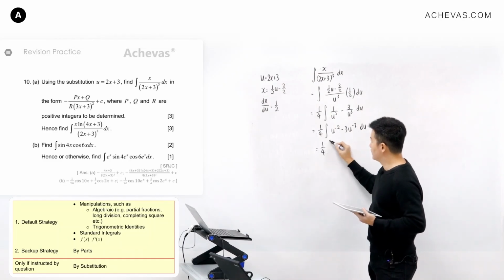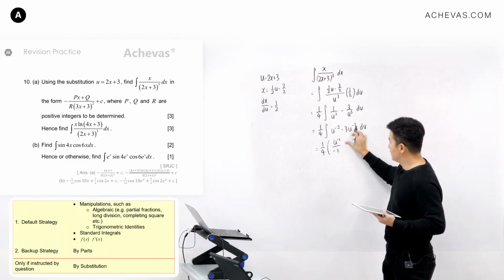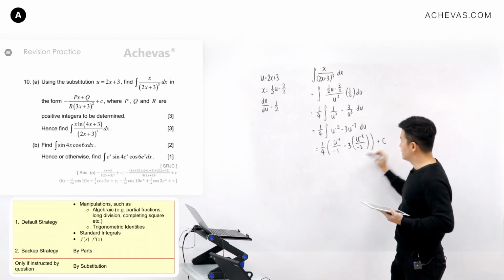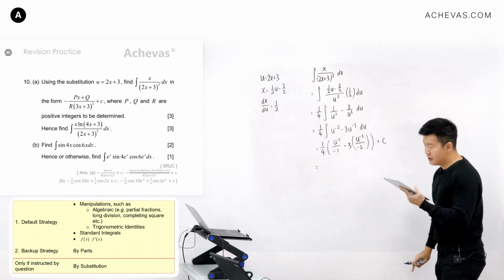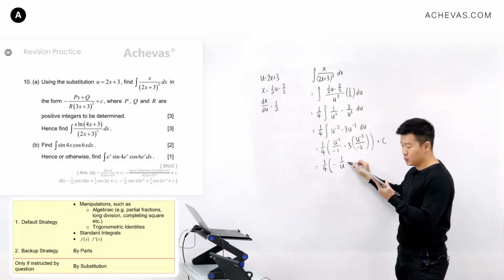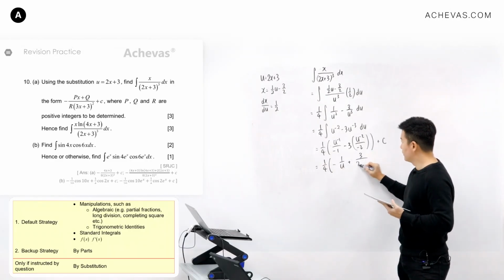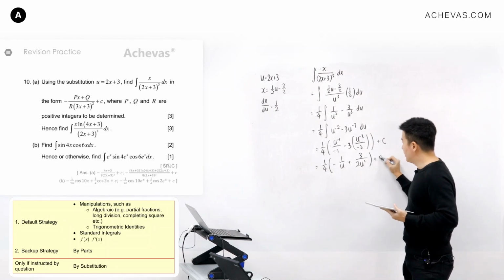It is 1/4 of u to the power of minus 1 divided by minus 1, minus 3 times u to the power of minus 2 divided by minus 2, plus c. So we have 1/4 of minus 1 over u plus 3 over 2u squared, plus c.